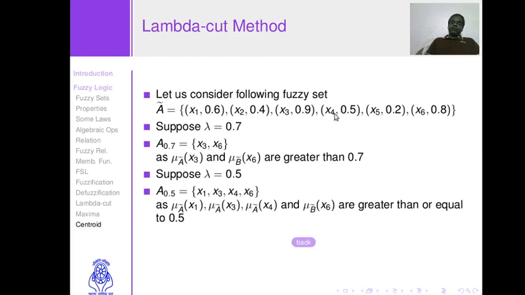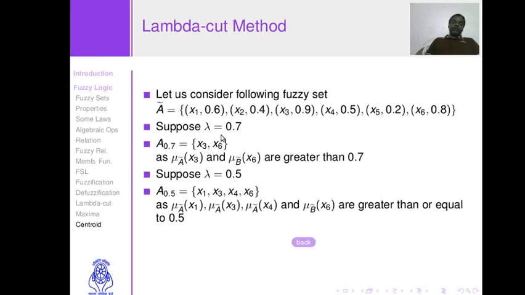Here we discard x4 because its degree of membership is smaller than lambda. x5 is also discarded, and we retain x6 because its degree of membership is greater than lambda. So the crisp set represented by A 0.7, where 0.7 is lambda, has two elements, x3 and x6.